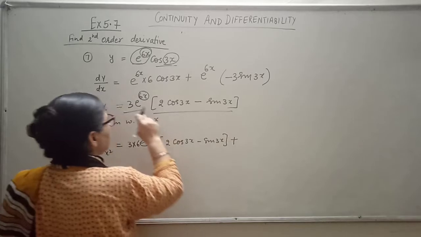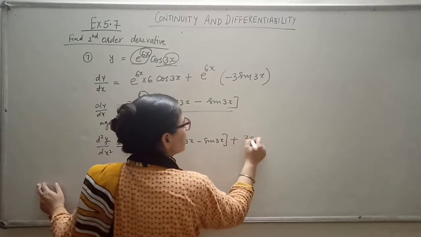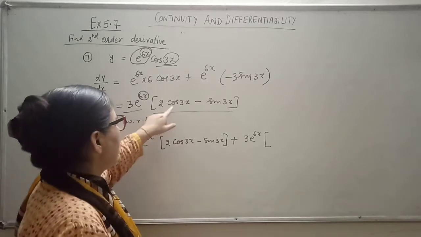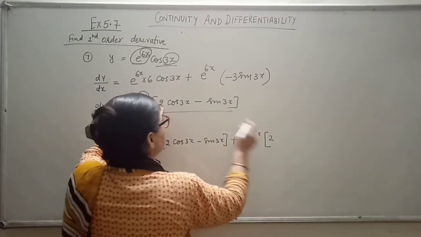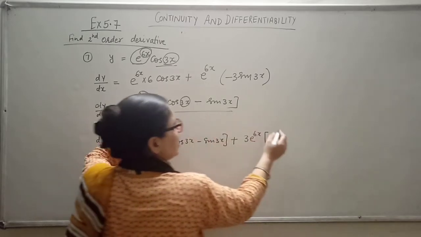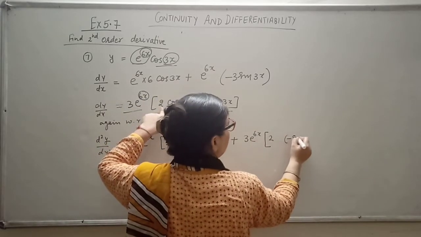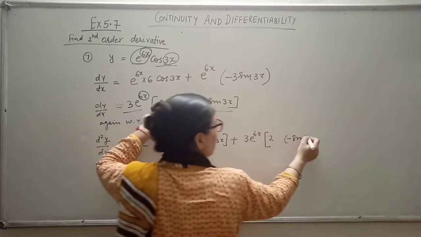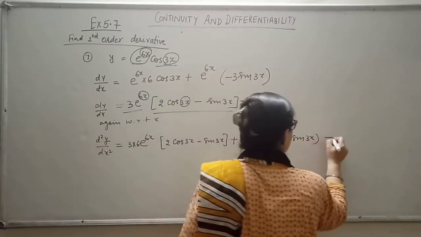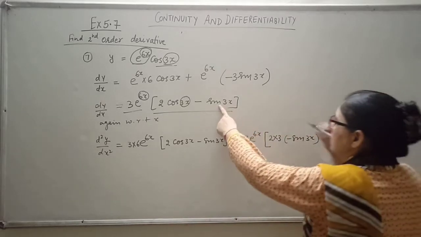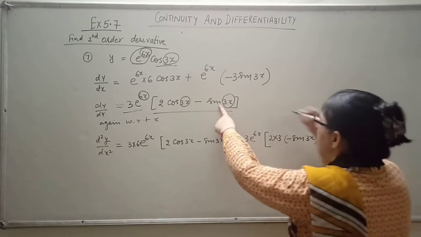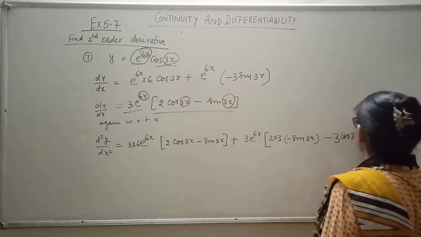Now plus write down this 3e raised to power 6x as it is, and now we will write down the derivative of this. 2 will be written as it is, derivative of, now consider this is x, so cos x का derivative होता है minus sin, and this is 3x, और 3x का derivative 3, minus now derivative of sin, consider it x, so this is cos 3x, and the derivative of 3x is 3.